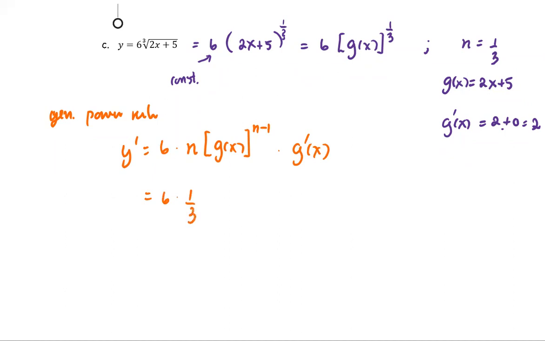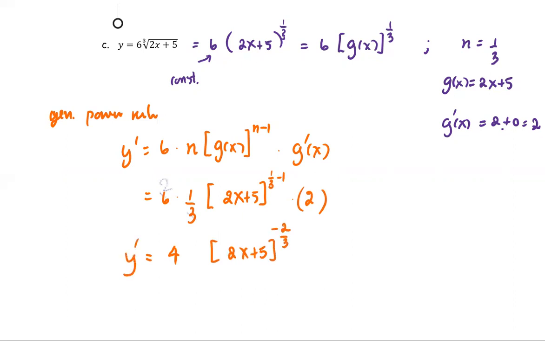The expression for g is 2x plus 5 to the power 1 over 3 minus 1, multiplied by g prime, which is the value 2. Then we simplify as much as we can. 6 and 3 reduce to 2, and 2 and 2 multiply to be 4, then multiply by the quantity 2x plus 5 raised to the power negative 2 over 3. And this is your y prime.